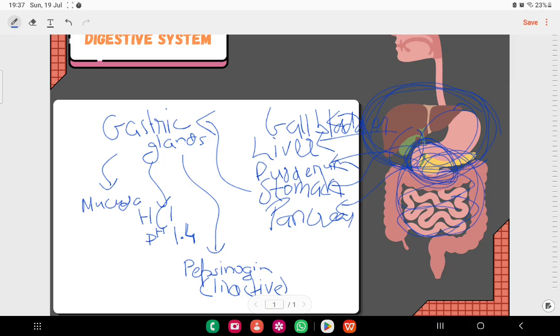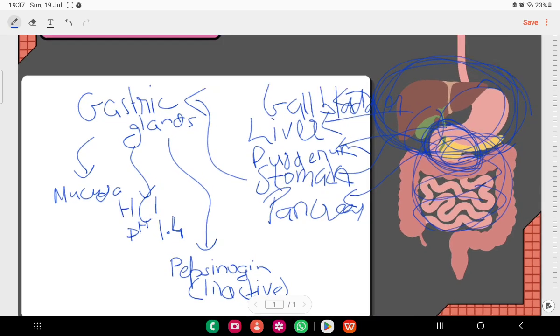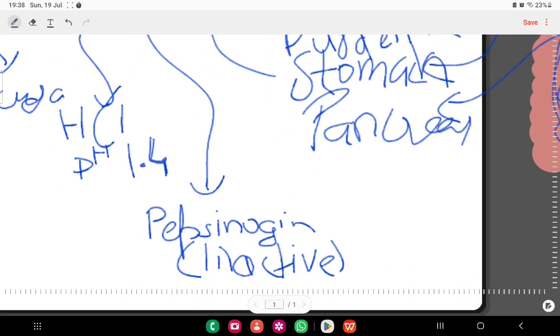For a catalyst to work, you need a specific temperature, right? Yes or no? You need a specific temperature and a specific medium, like basic medium, alkaline medium, neutral medium, acidic medium, and so on. The temperature is obviously provided by the body. So pepsinogen is a biological catalyst.